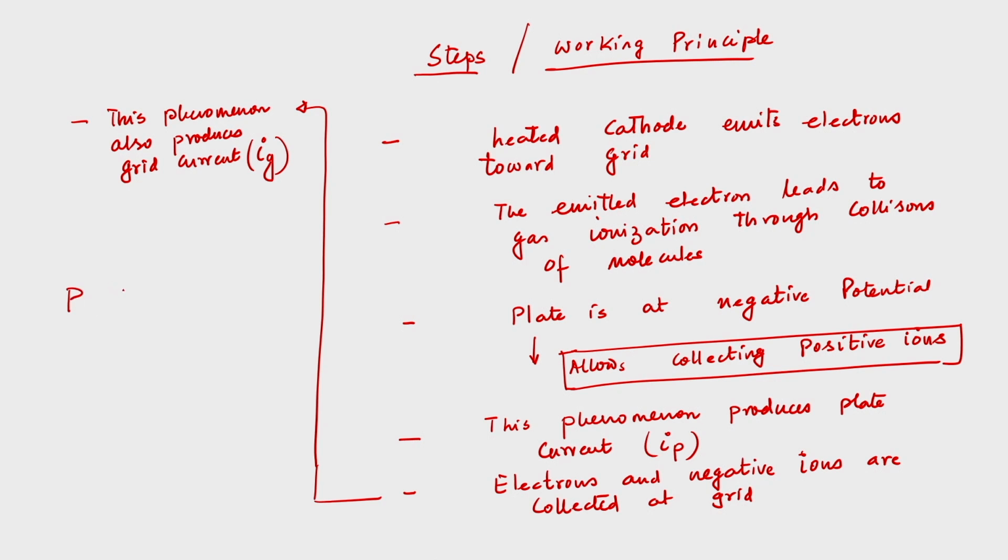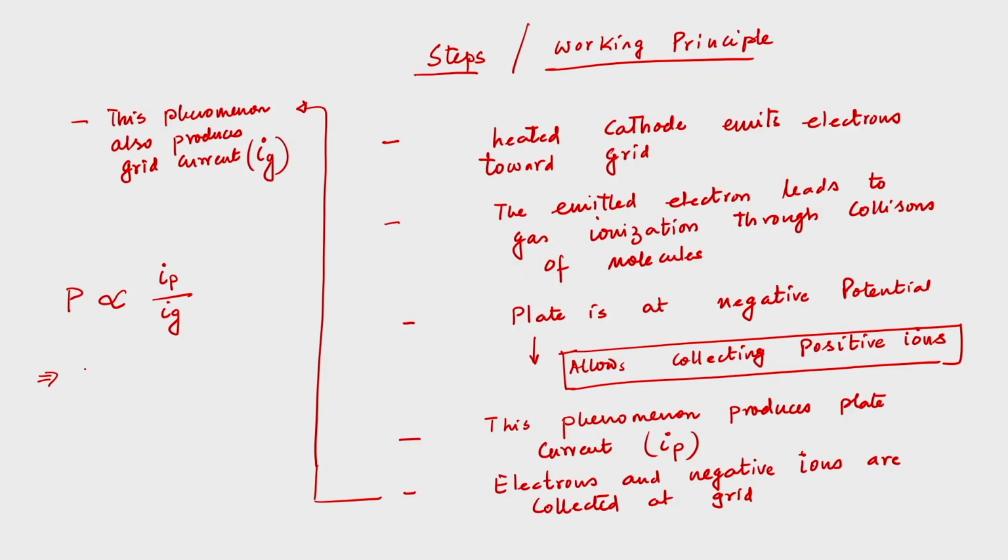Now, if I remove this proportionality, then I can write P is equal to 1 upon K, IP by Ig, where K is the proportionality constant. This K is called the sensitivity of the gauge.